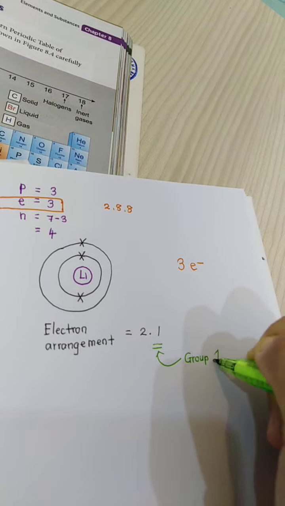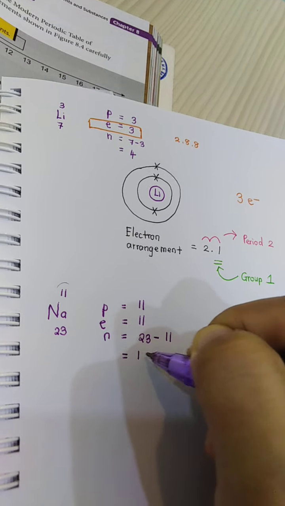Now let's look at sodium. By doing the same procedure, let us find PEN first. Proton and electron respectively is 11. Meanwhile, to find the neutron, nucleon number 23 minus 11, the answer is 12.